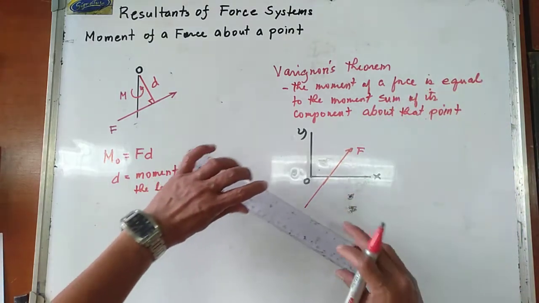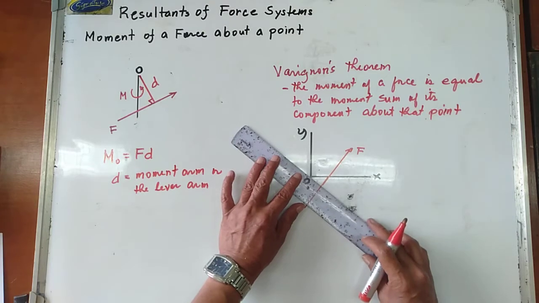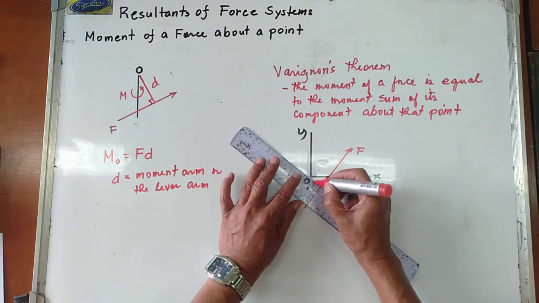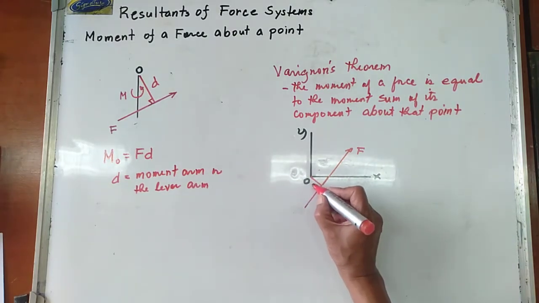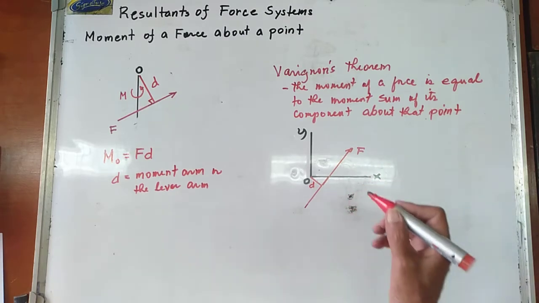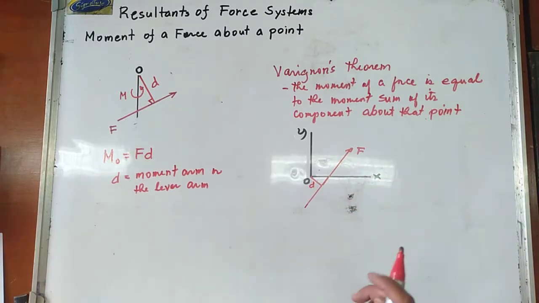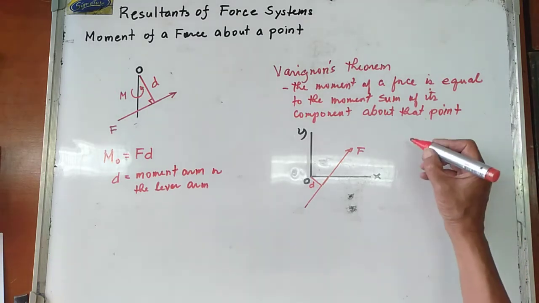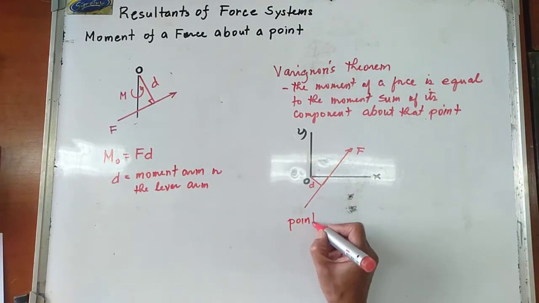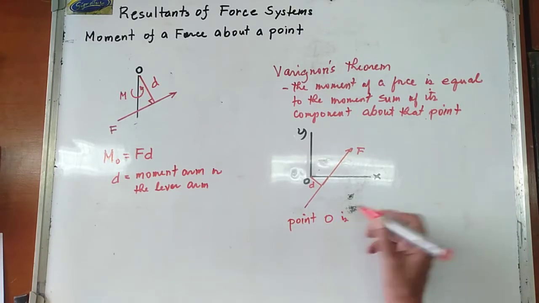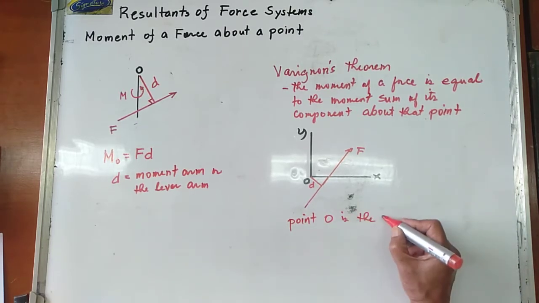This is the line of action of the force, and this is the perpendicular distance from the line of action to point O. Your point O here is known as the moment center.